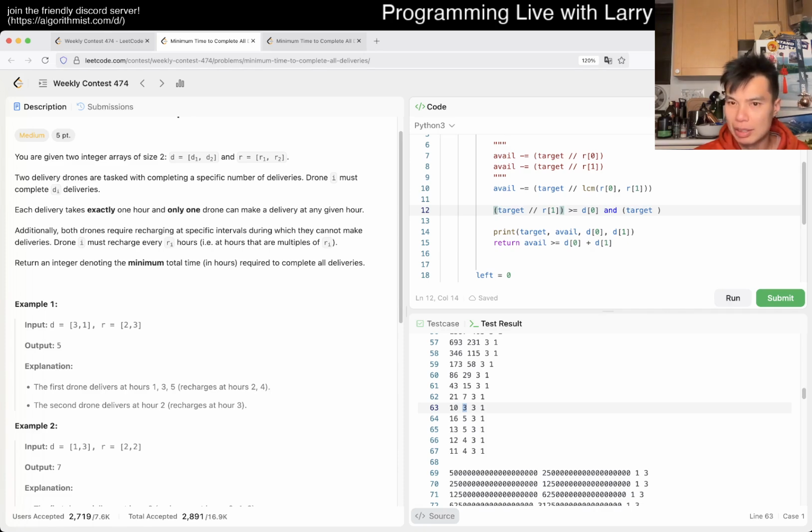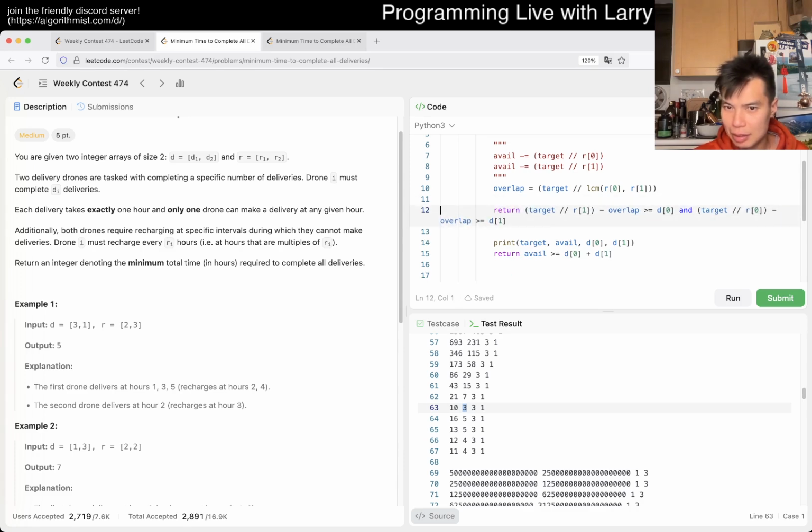Because then now it is this. This is R1 charging minus this, right? Okay, let's say overlap is equal to this. Then now we minus the overlap. So if something like that, would that be right? Let's see.